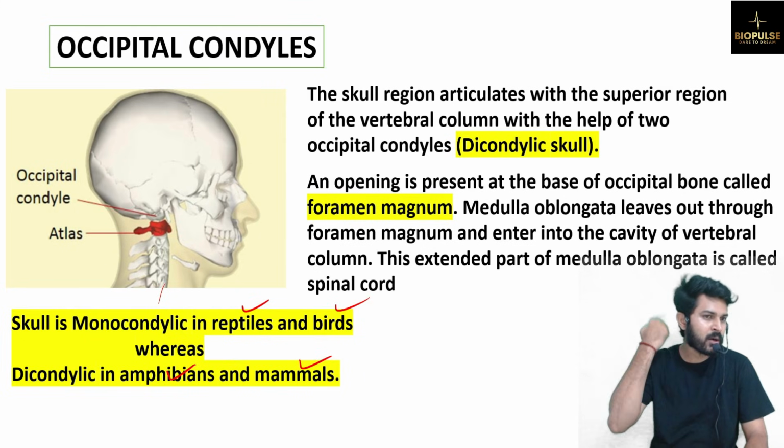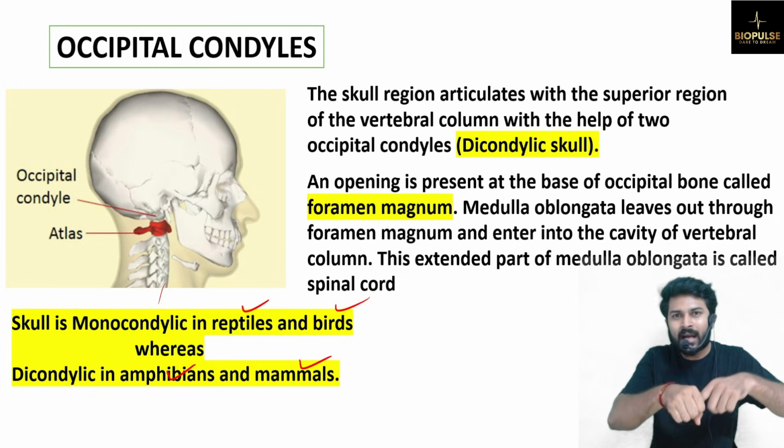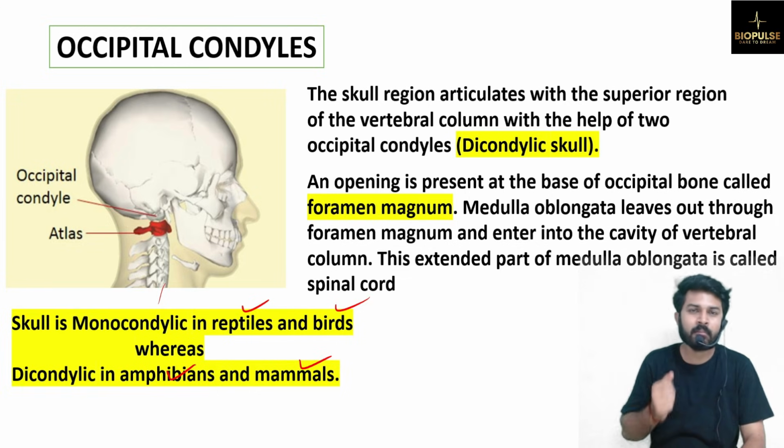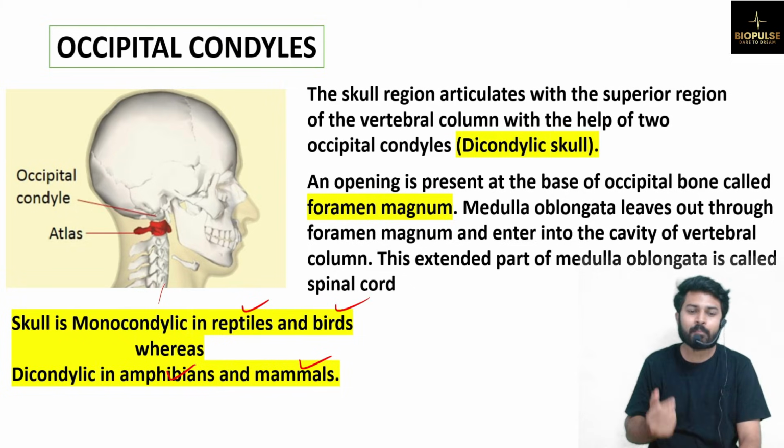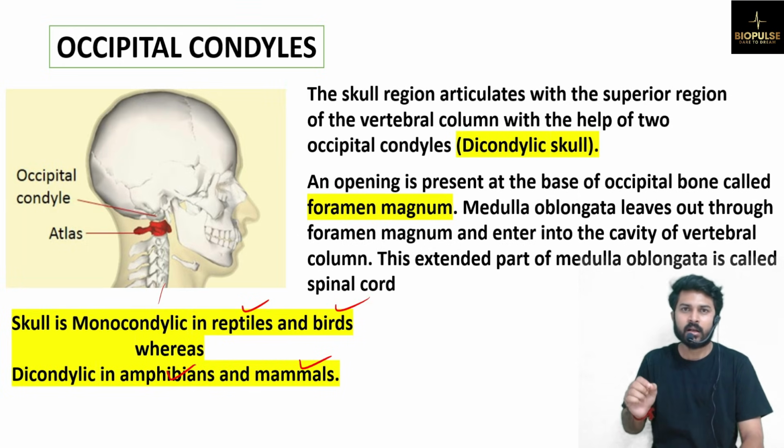The medulla oblongata extends down, enters the foramen magnum, and extends till L1 L2, which I will tell you is lumbar 1 and 2. That extended part is nothing but our spinal cord. So if they ask, the spinal cord extends from the head through one aperture, known as the foramen magnum.